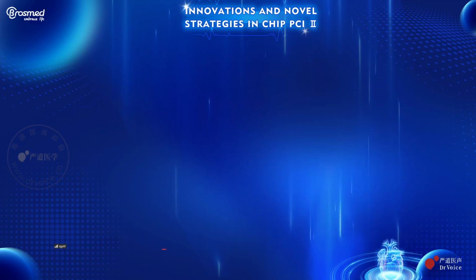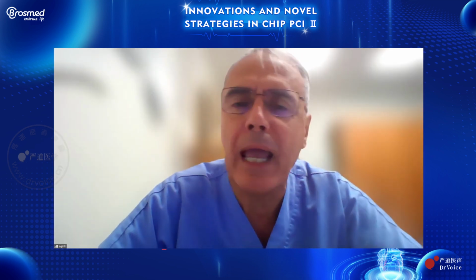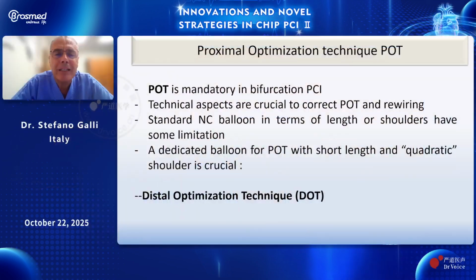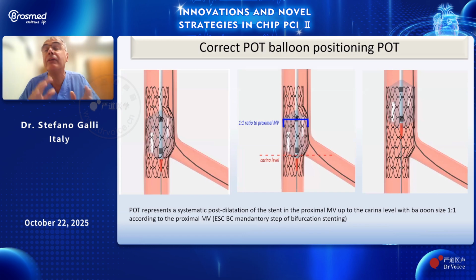But technical aspects are crucial to correct POT and rewiring. Normally, the standard balloon in terms of conformability, length, and shoulders has some limitation. And don't forget that we use a POT technique proximally, but sometimes we need to use a distal optimization technique when we have a difference.